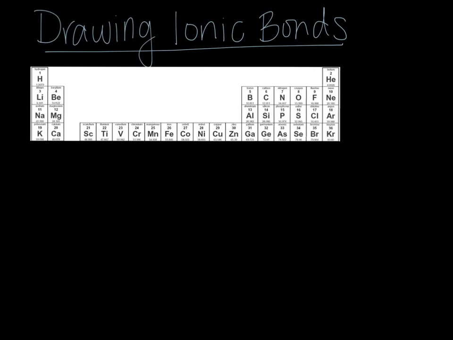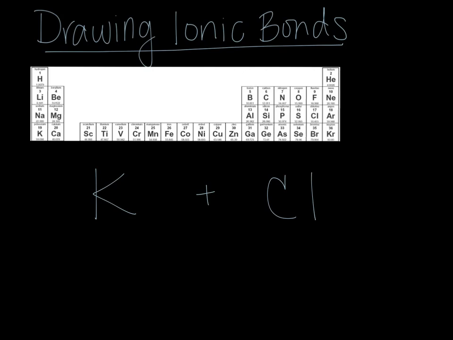So for our first compound, we're going to start with potassium and chlorine. So that will be our first compound that we're going to draw. So we know that potassium, it's in group 1, so it has one valence electron.